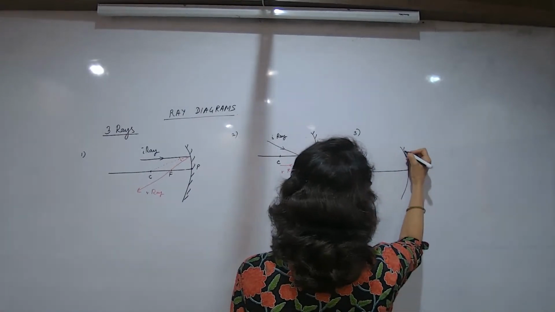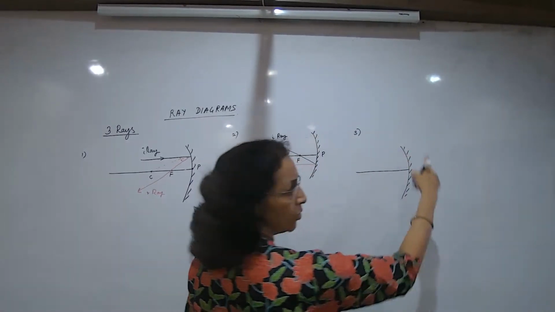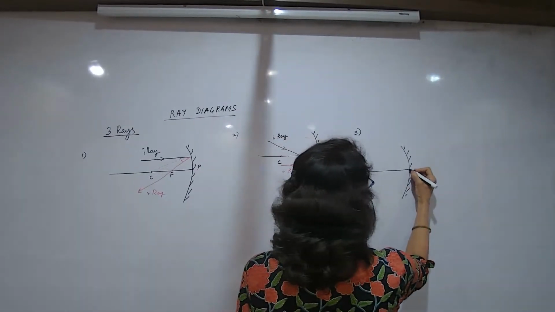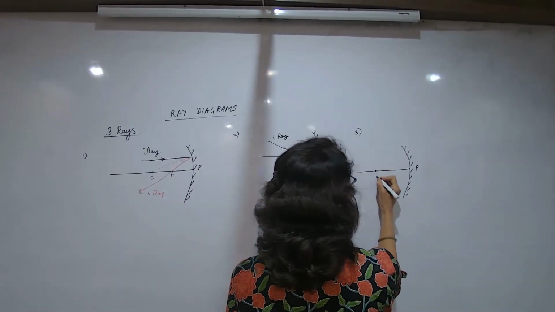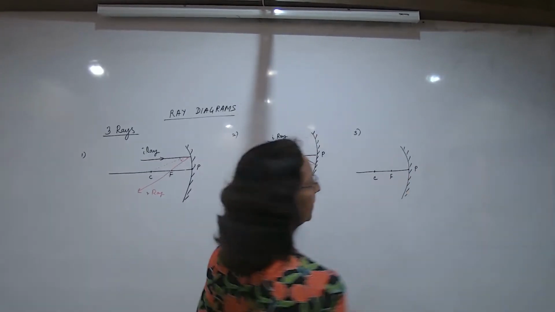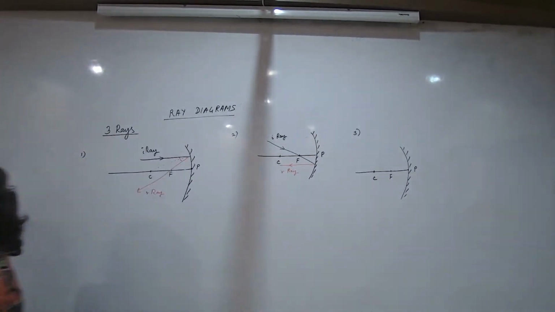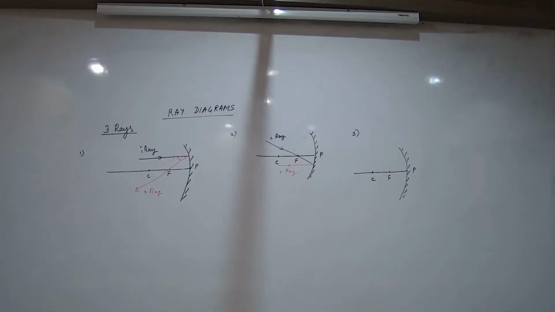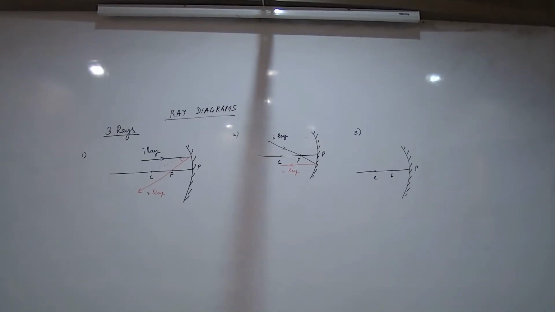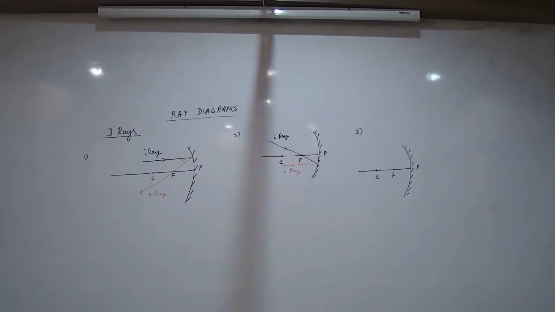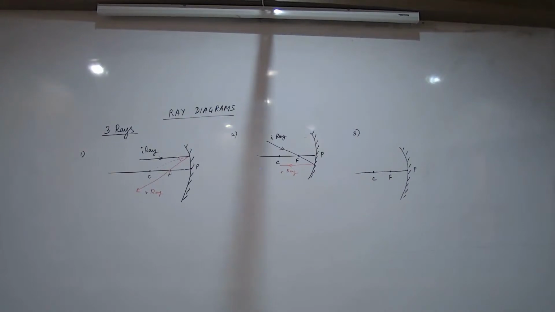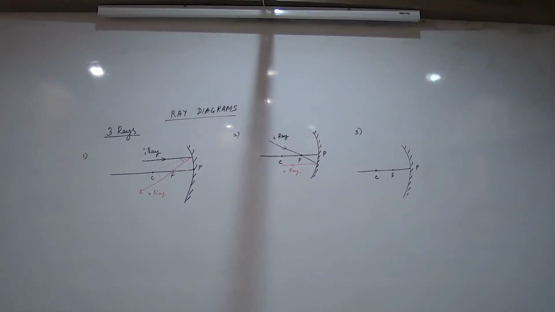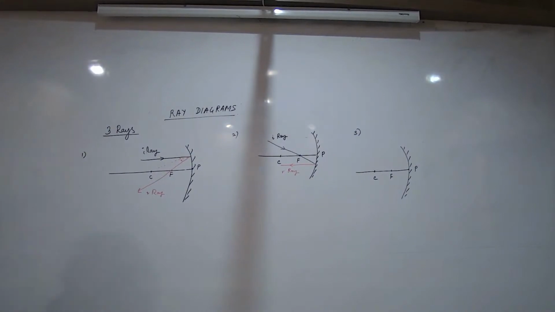Once again, a concave mirror. Remember to draw the shaded portion. P, C, F. Okay.